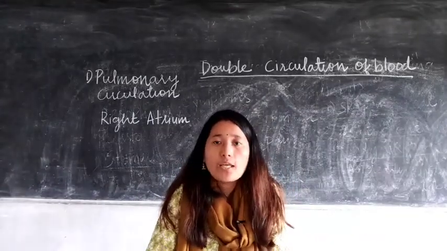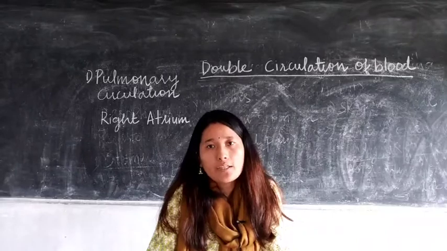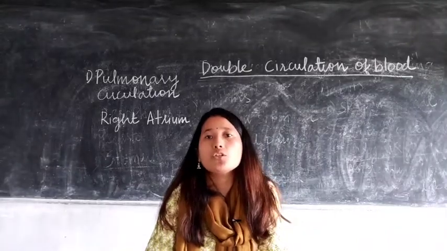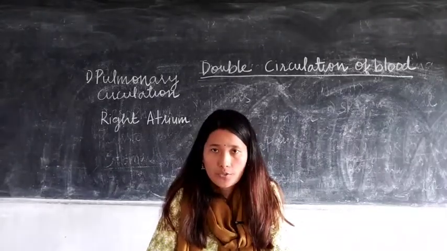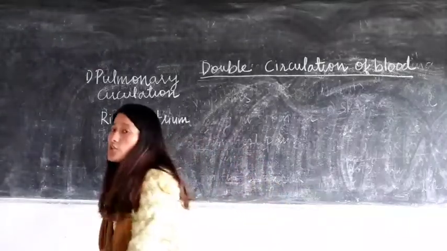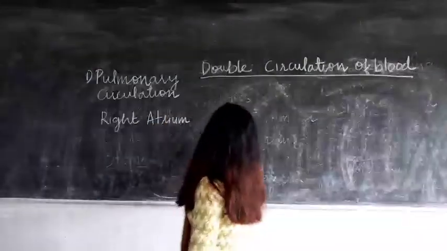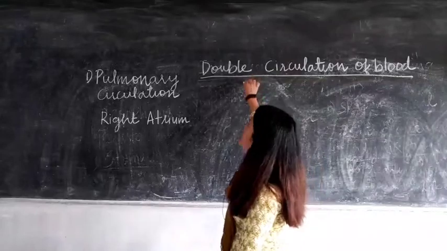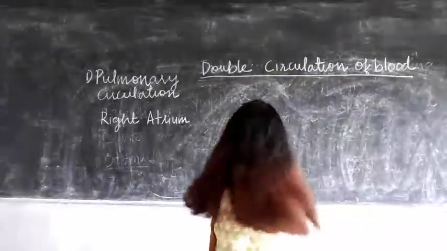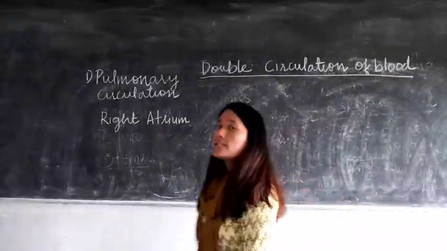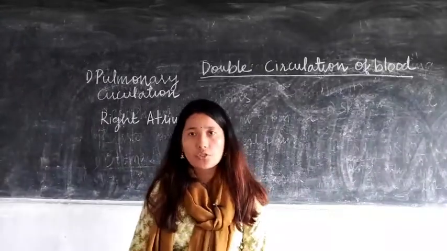So today, taking all this in mind, we will be discussing the circulation of blood through the heart. Now, circulation of the blood through the heart is referred to as double circulation of blood. Why is it referred to as double circulation?